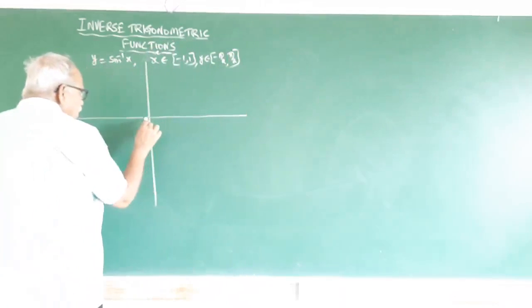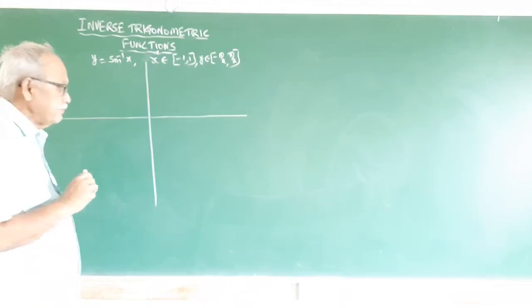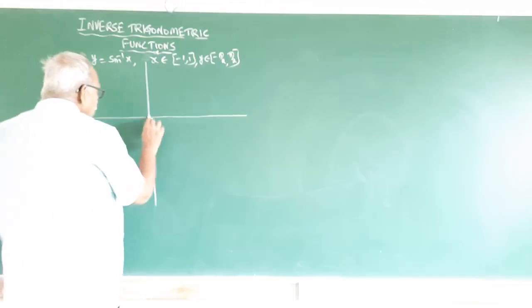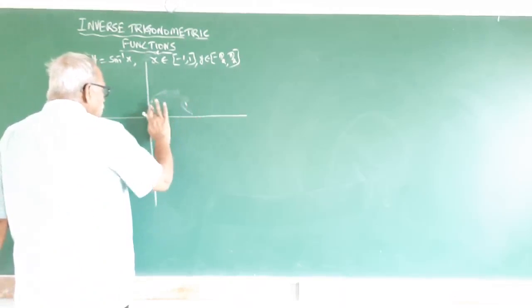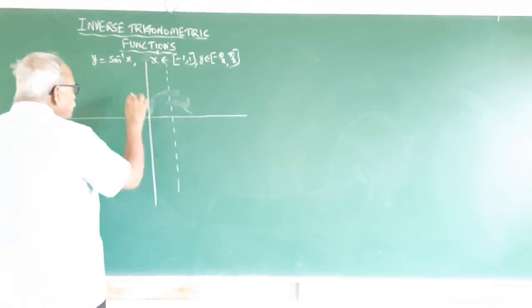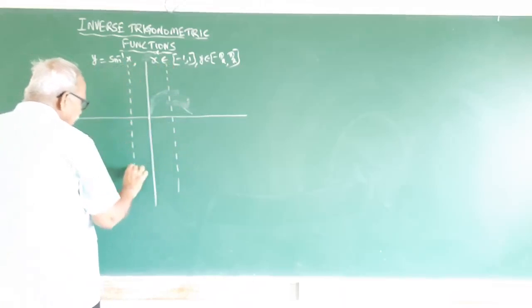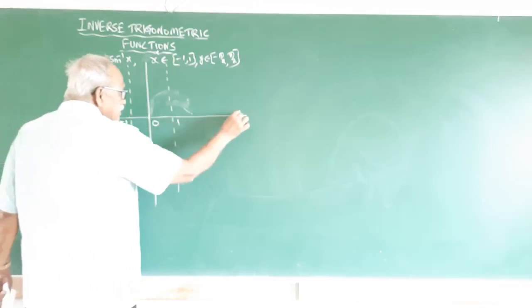Now, let us draw the sine inverse graph. Its value x belongs to -1 to 1 only. This is the x axis.